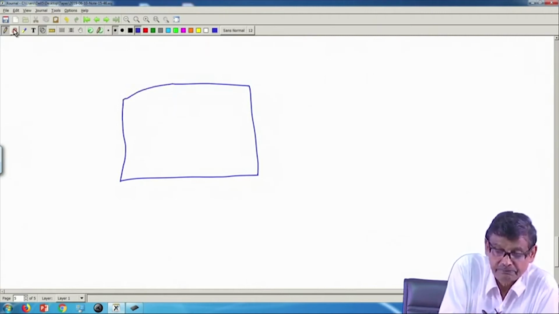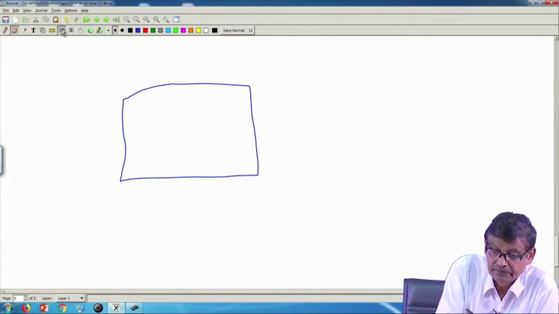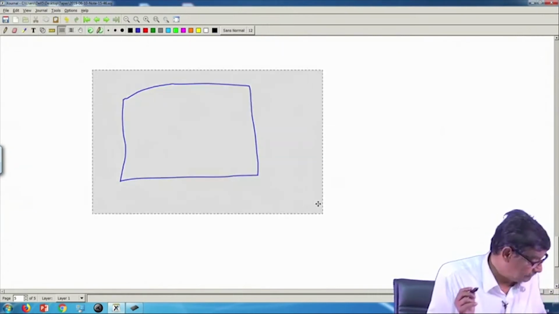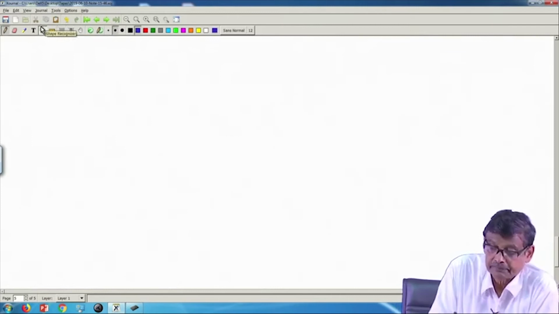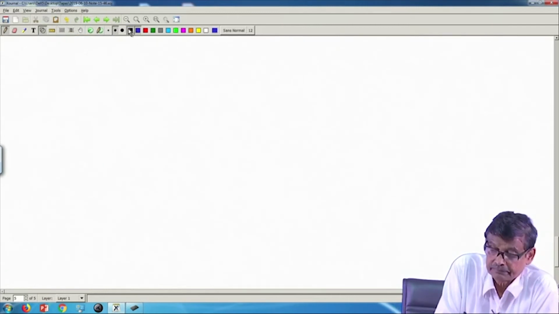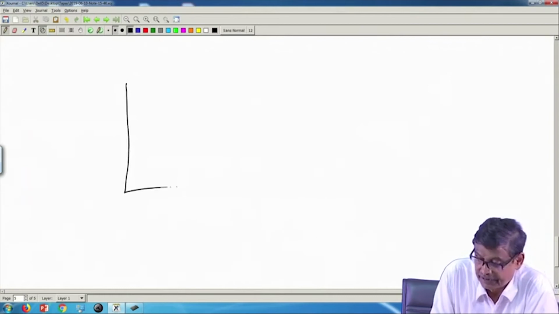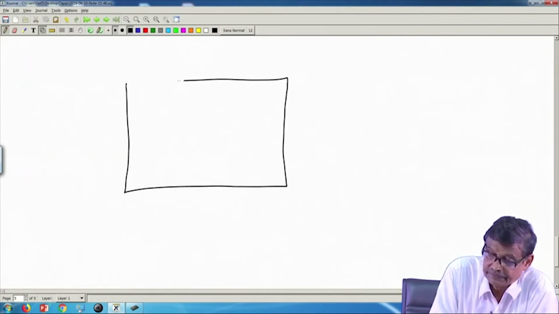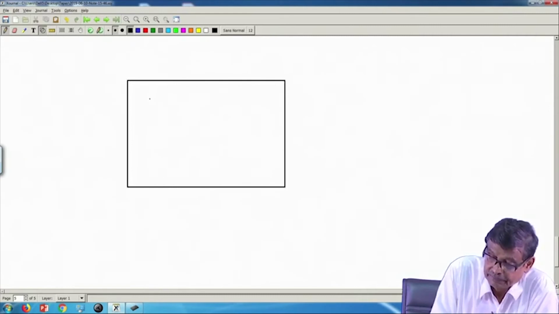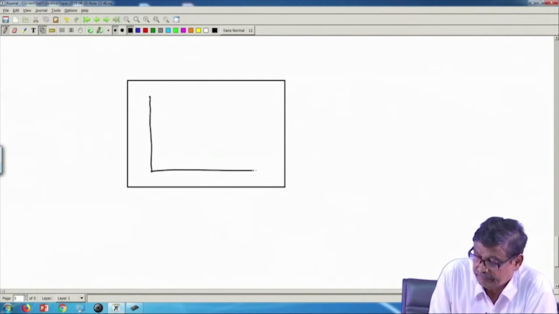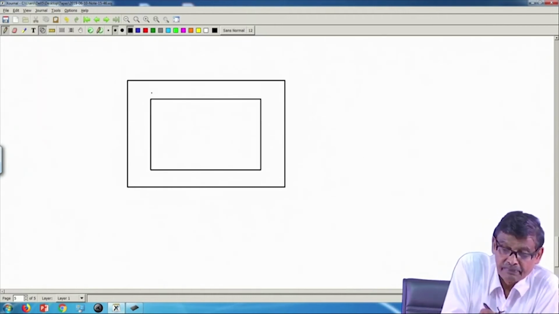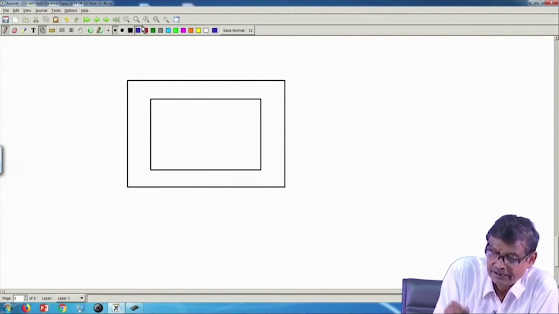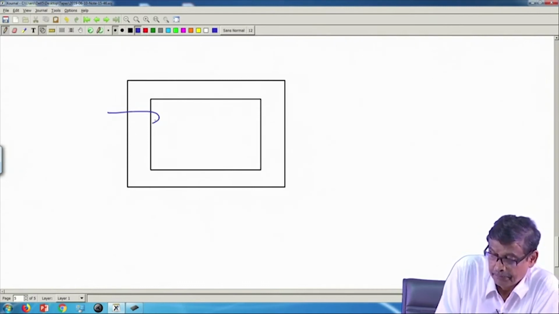So, let us do it like this. Suppose this is your core, now I have got two coils. Let me repeat this point, emphasize this point.